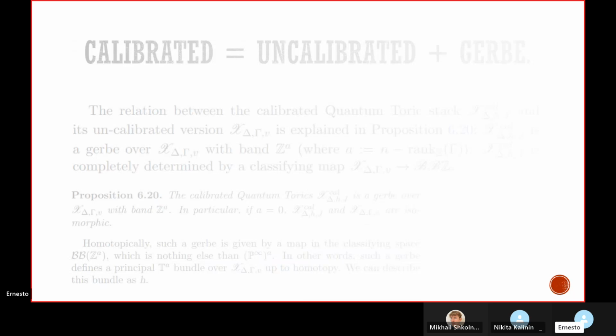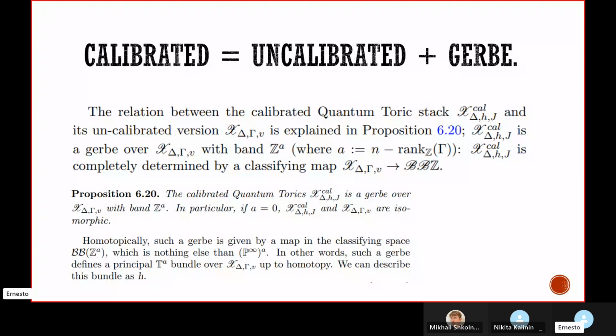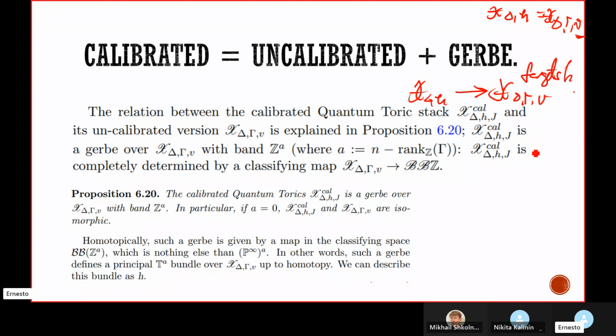So if you forget H and you only remember gamma, I was talking about H, gamma, H. In this slide, this becomes delta, gamma, V. To have the images of the basic vectors of H, the V's, is the same as to have H. If I only mark the points, I have a map that forgets H and only remembers the space, and this can be identified as a sort of circle bundle.